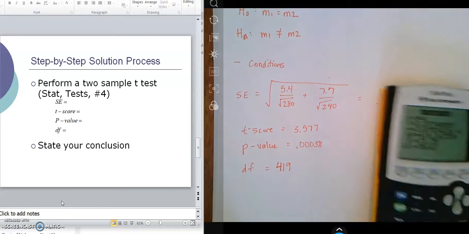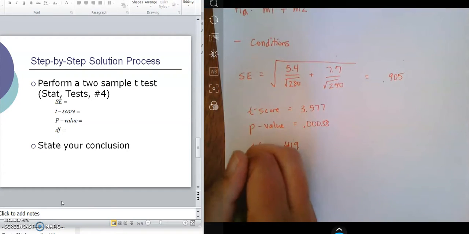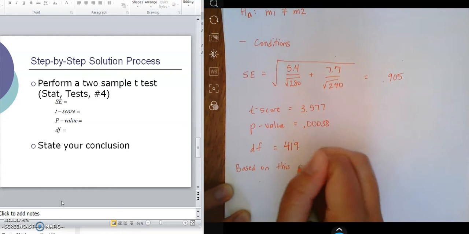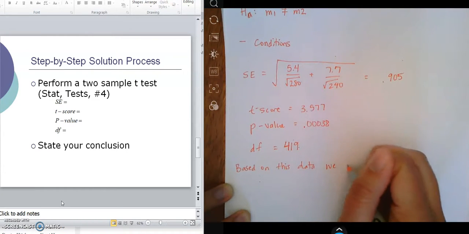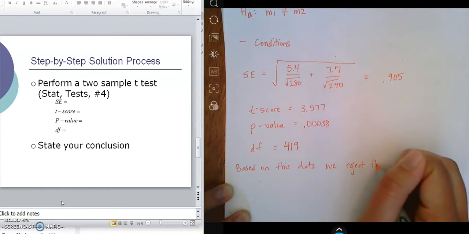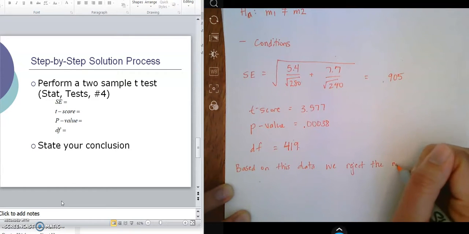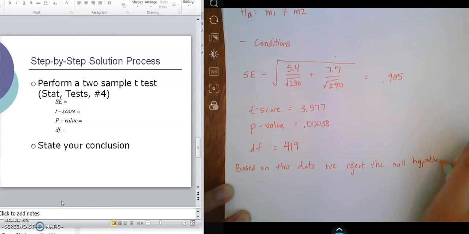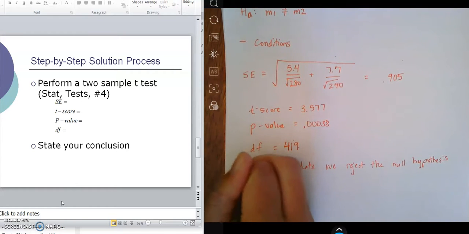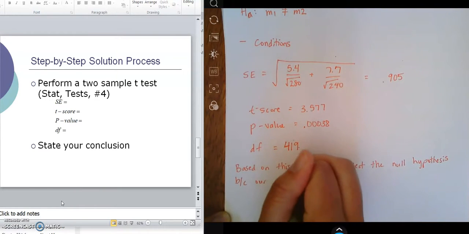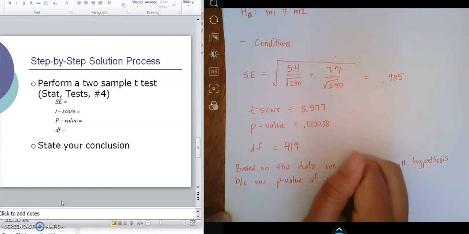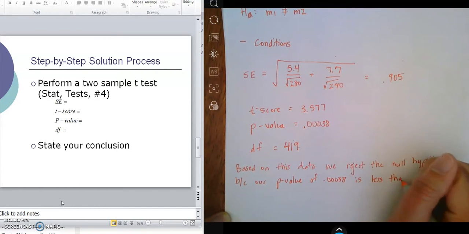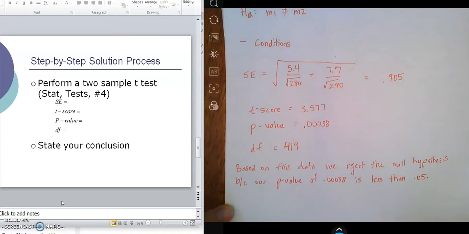So my conclusion would be, based on this data, we reject the null hypothesis because our p-value of 0.00038 is less than 0.05.